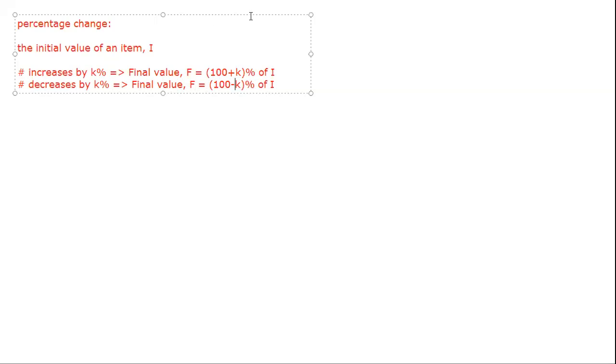Now, when I have 100 plus k percent of something, this means it's basically (100 plus k) upon 100 times the initial value. And if you simplify this part, you will get the formula which you usually use: initial value multiplied by (1 plus k by 100).